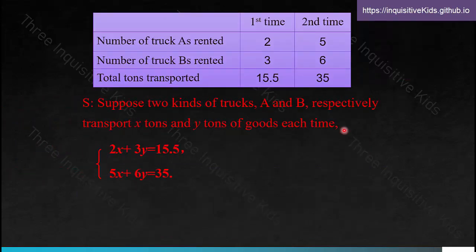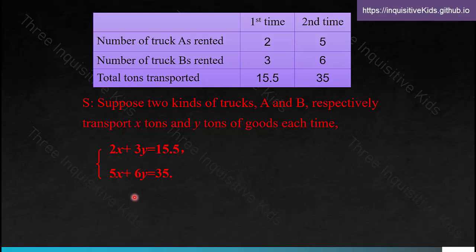Okay, so based off of the table, the equation you got should look something like this. So you have two types of trucks, and maybe you could use different variables, but we are using x and y here. So truck A can transport x tons at one time, and B can transport y tons of goods at one time.